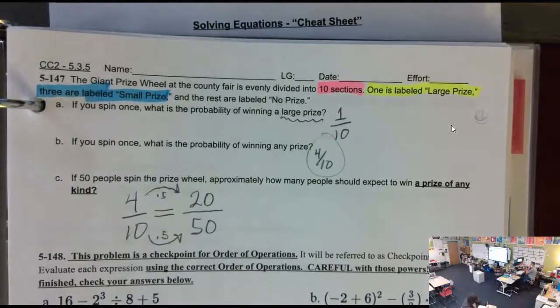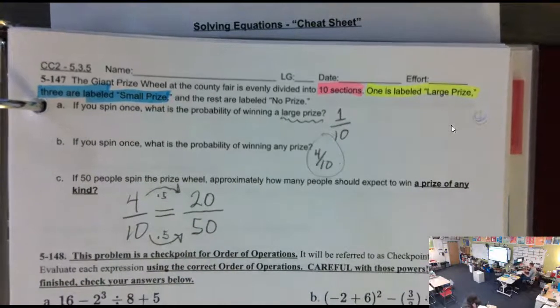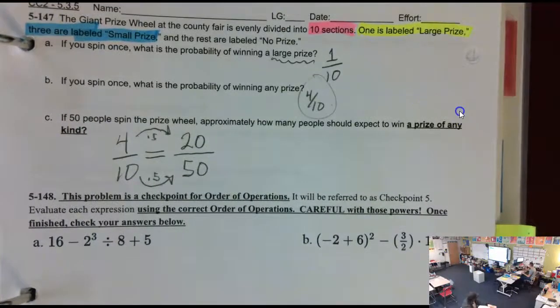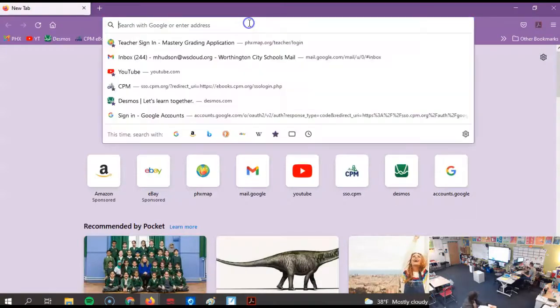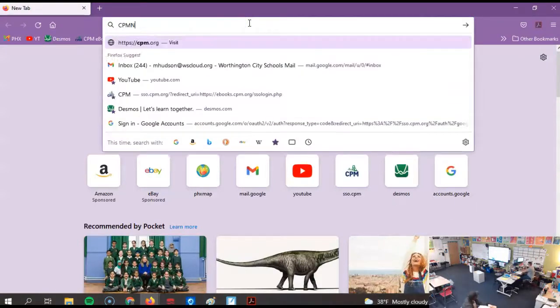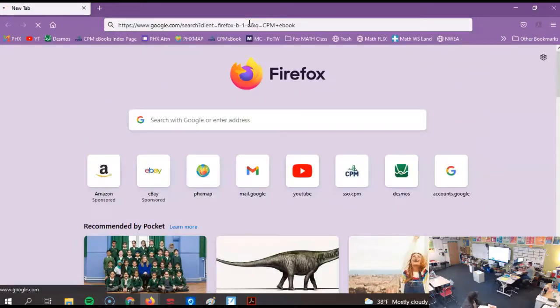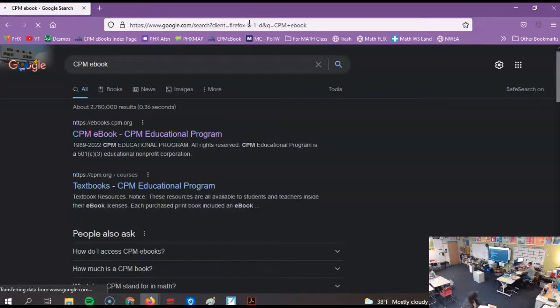I want to review because somebody came up and asked me about 148 and how to get to the ebook. So real quick, if you are trying to find the CPM ebook, you can type CPM ebook into Google. If you want to go to the link, I'm going to put the link in Schoology because I realized some of us aren't as good at Googling.